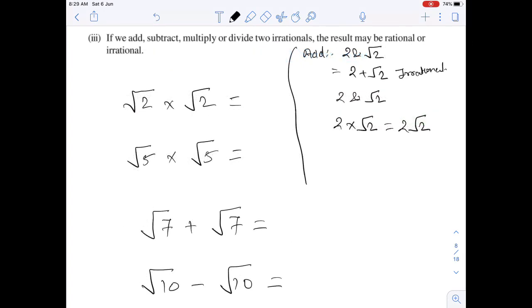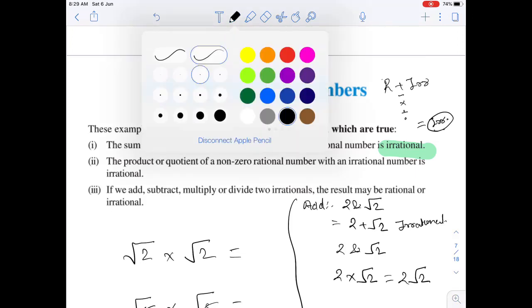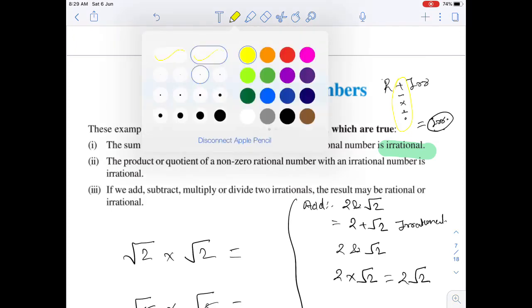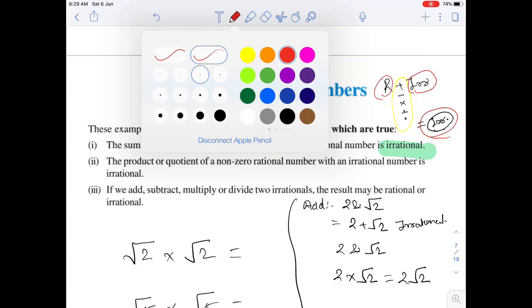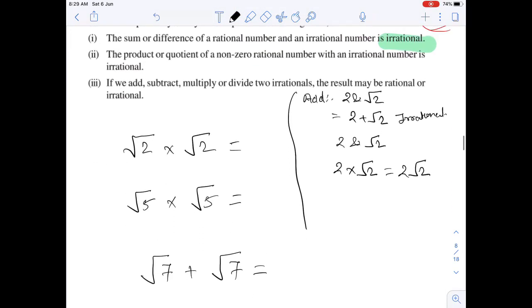So what we have learned is that addition, subtraction, multiplication and division of a rational number with an irrational number is always irrational. Rational with irrational is always irrational.